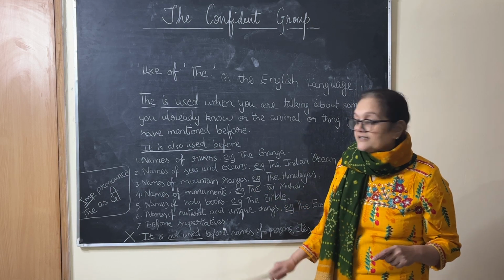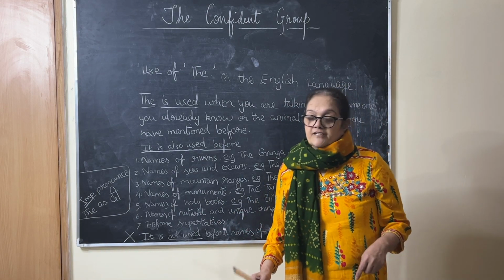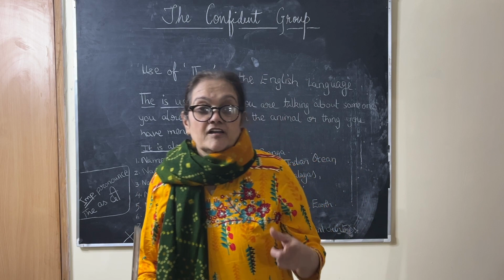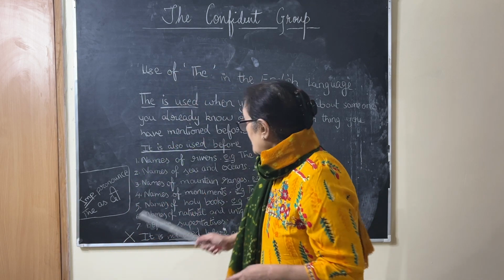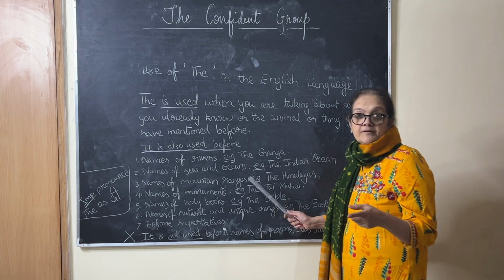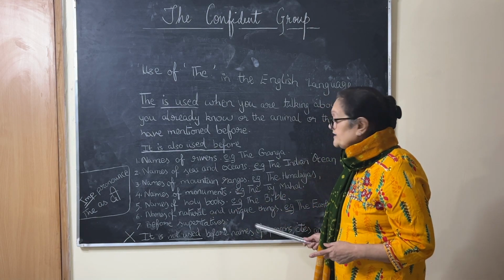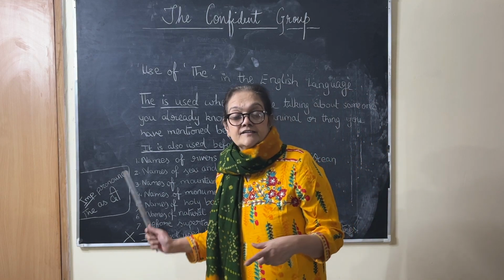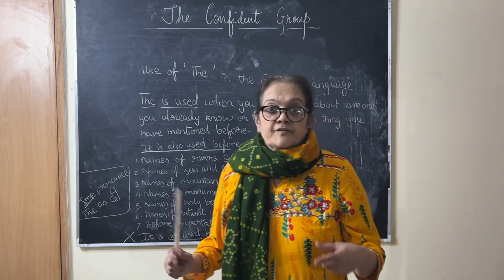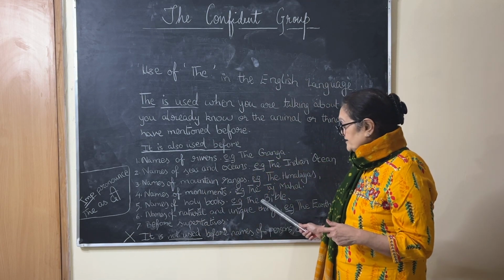Names of mountain ranges, like the Himalayas. We never say Himalayas, we always say the Himalayas. Names of monuments: the Taj Mahal, the Qutub Minar. These are all starting with "the". Names of holy books, like the Quran, the Bible, the Mahabharata, the Ramayana. These are all starting with "the".